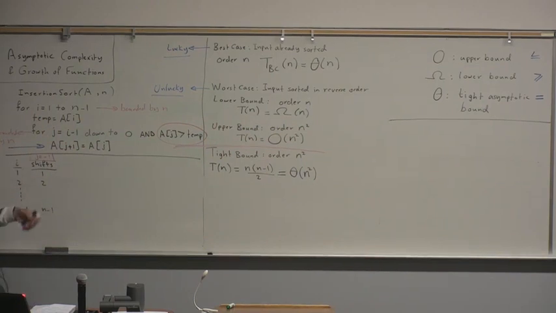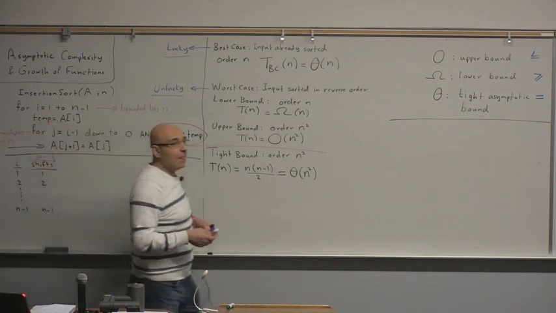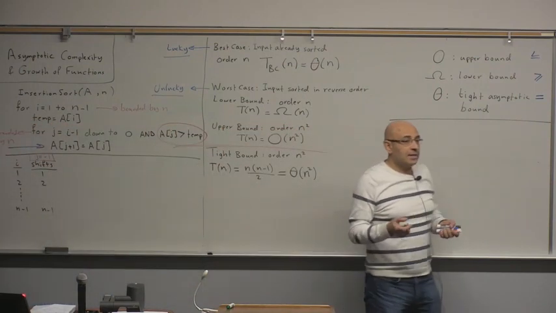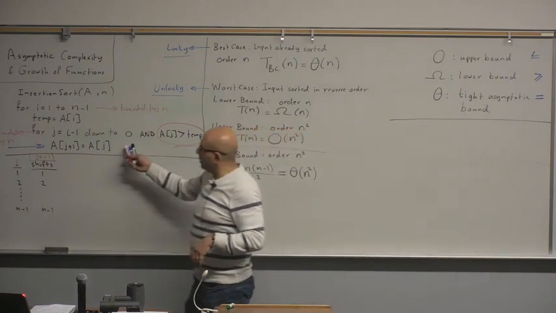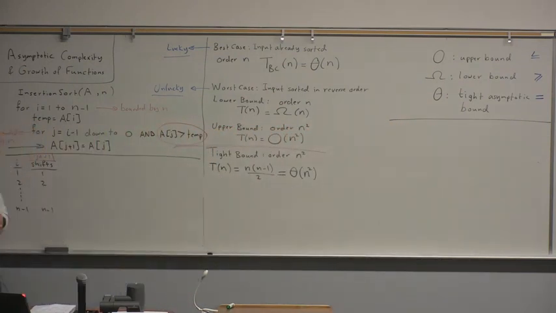Counting both would multiply it by 2, and we don't care about constants in asymptotic complexity. So if we just count the number of shifts, that should give us the asymptotic complexity of the algorithm. Any questions on this?